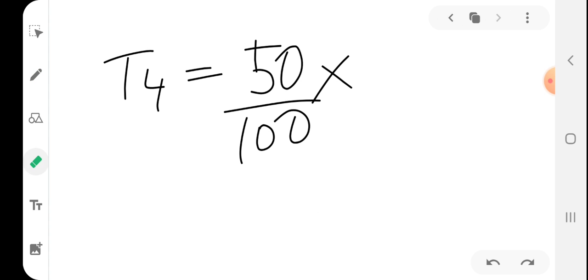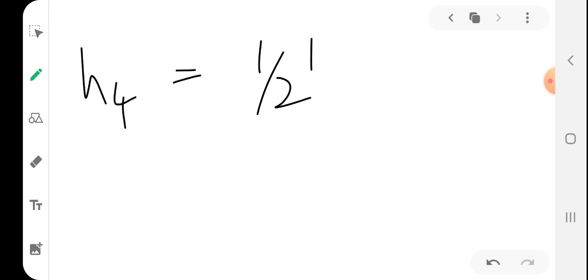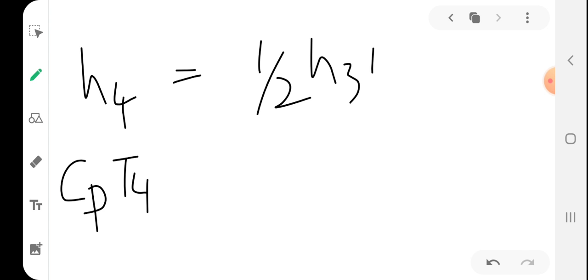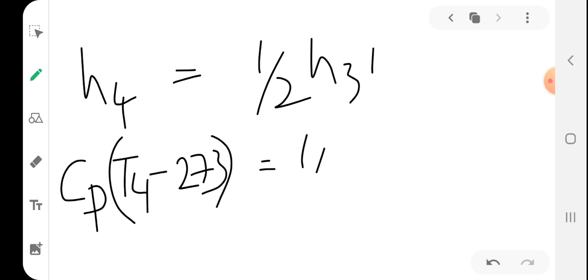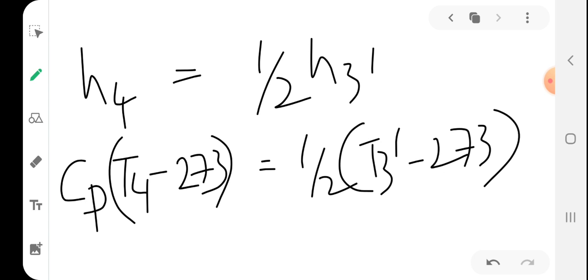So I will write it like this: enthalpy H at 4 will be half of H at 3 dash. Enthalpy at 4 is Cp into T4, actually Cp times T4 from 0 degrees Celsius, that is 273. So T4 minus 273 is equal to half of T3 dash minus 273. Half means 50 percent, or 0.5.